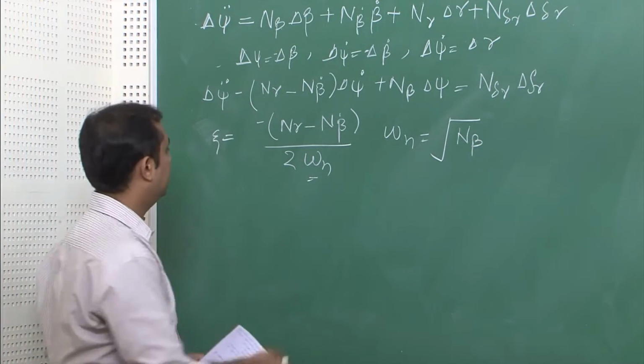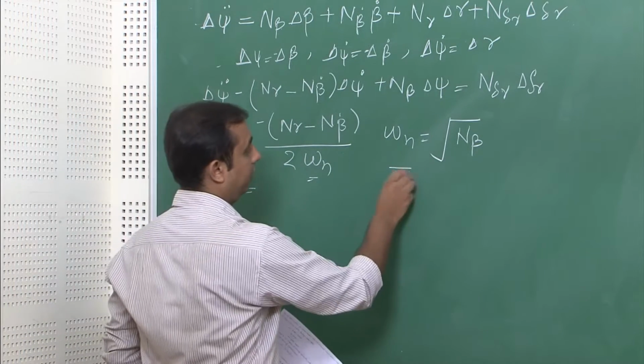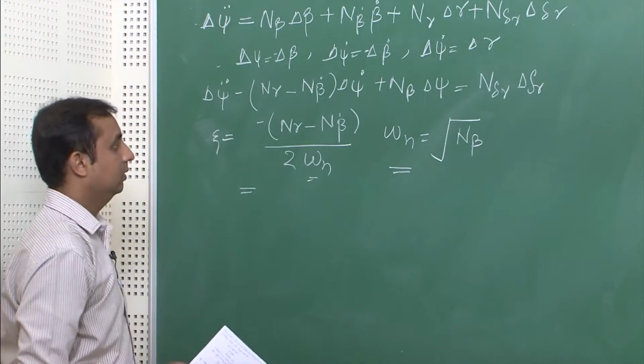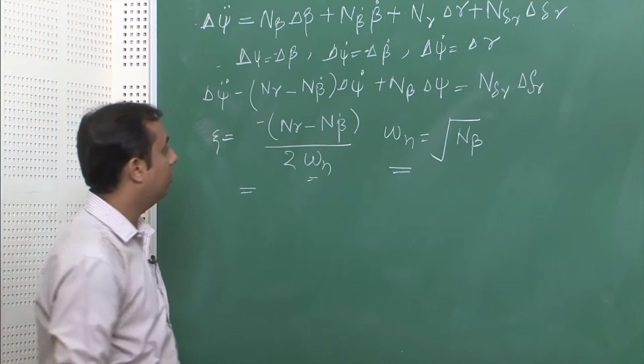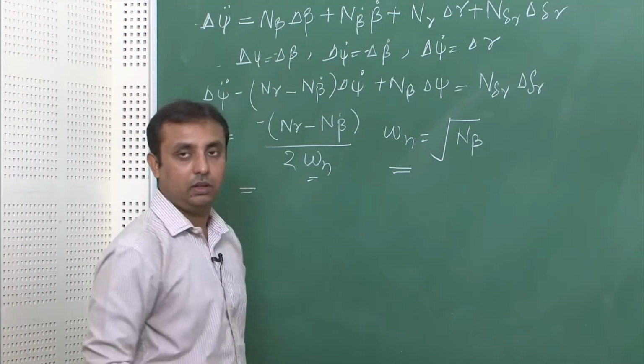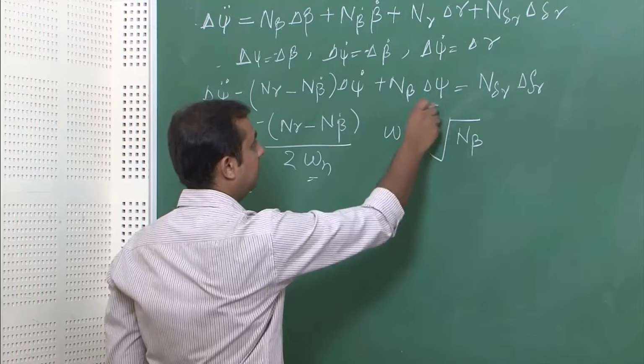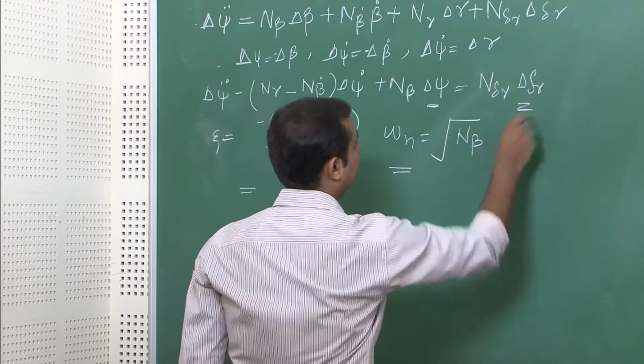So this represents my damping ratio and natural frequency. Now suppose I want to change the value of natural frequency. As per your stability augmentation system, I will be writing the control input in terms of my state variables.